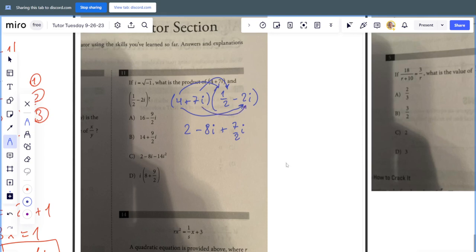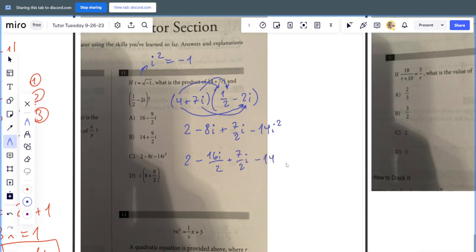And then 7i times negative 2i is minus 14i squared. But of course, since i equals the square root of negative 1, i squared gives us back negative 1. It's going to be 2. Let me also convert this into 16i over 2 plus 7 over 2 i.